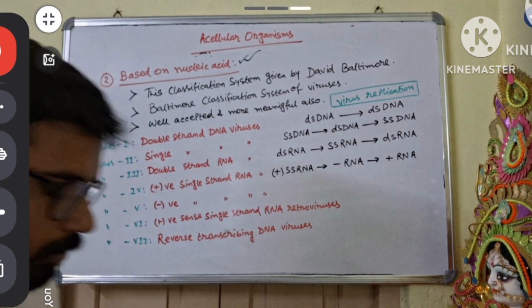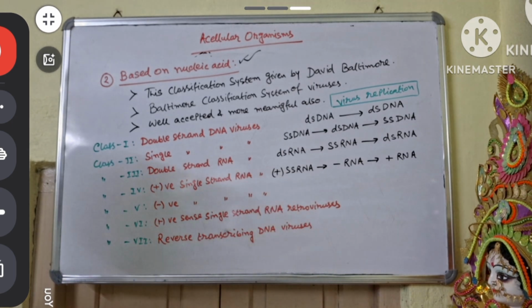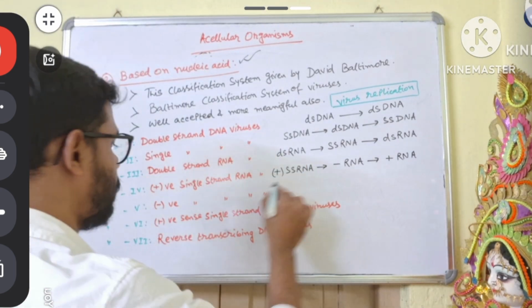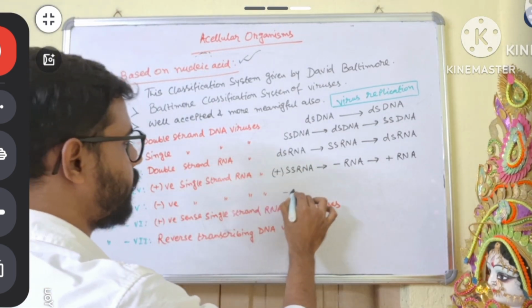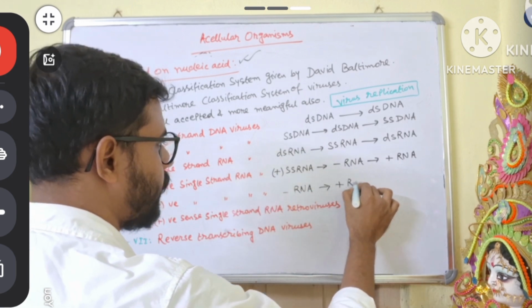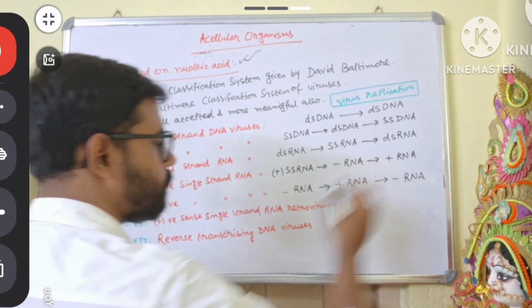Plus to minus, minus to the initial product, that is plus. Minus, plus, minus, correct. Minus single strand RNA first converts into plus RNA, then further converts into minus RNA.